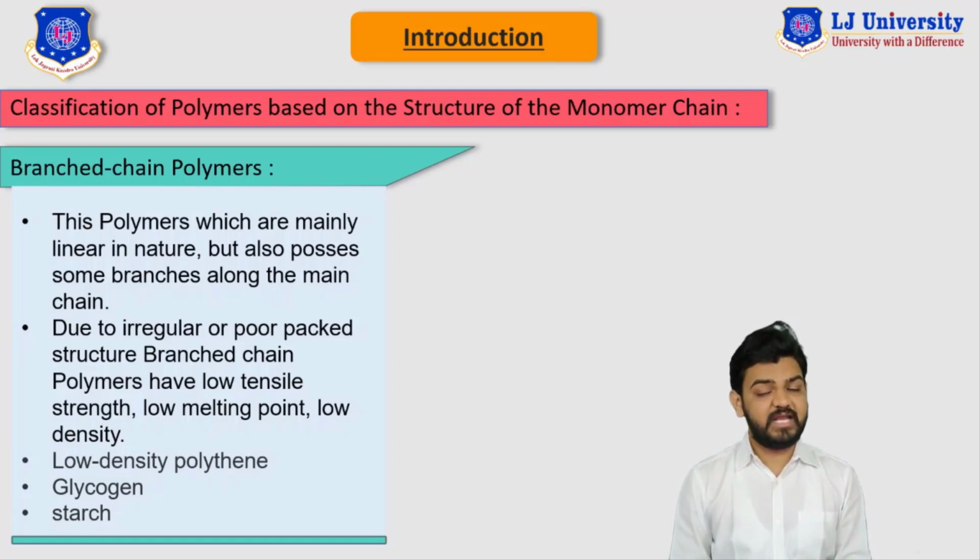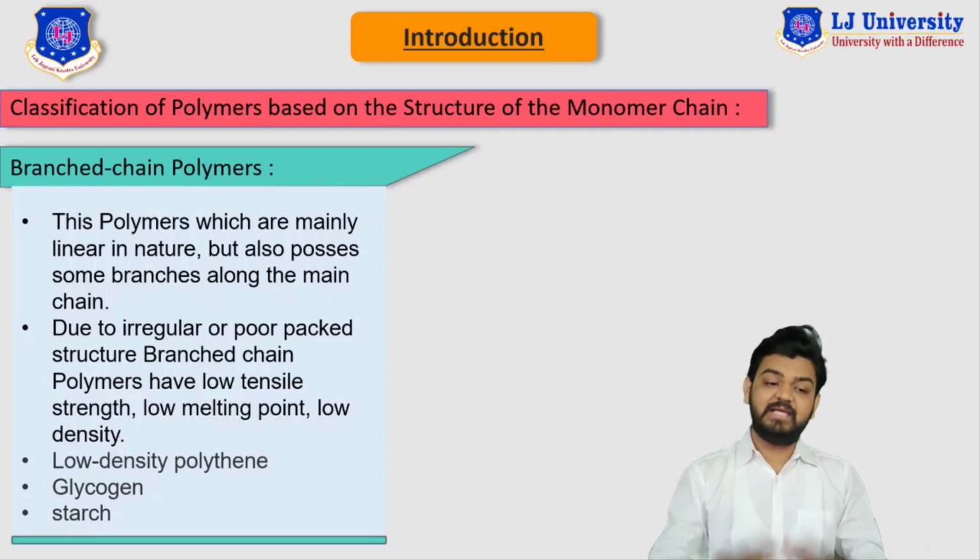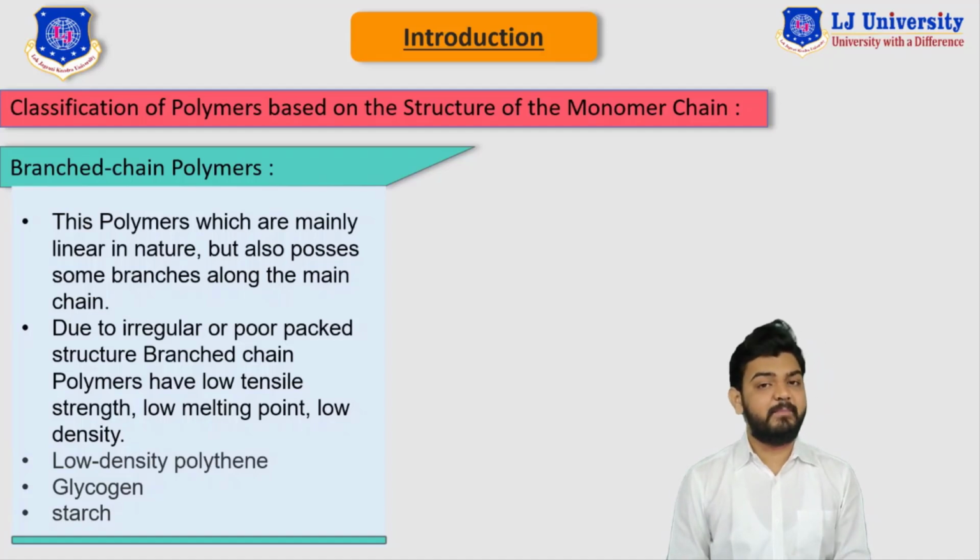Here on the screen you can see these polymers, which are mainly linear in nature but also have some branches along with it. So we can say that branched chain polymers are basically linear polymers, but they have sub-branches attached to their backbone.